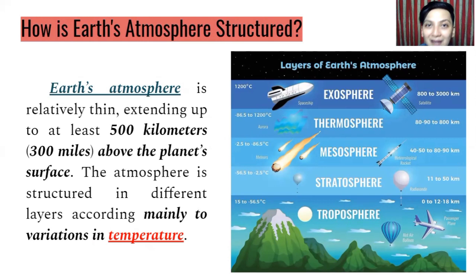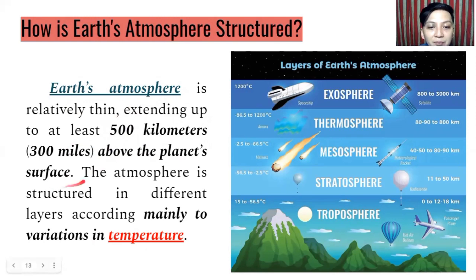So because of differences in its composition of air, meaning to say that different composition of the air in the atmosphere consists also of different layers. Am I clear?